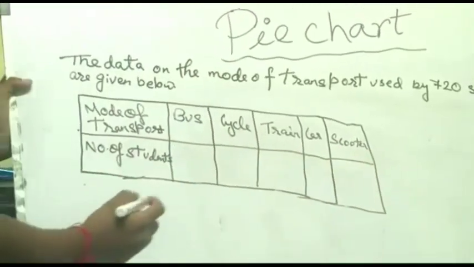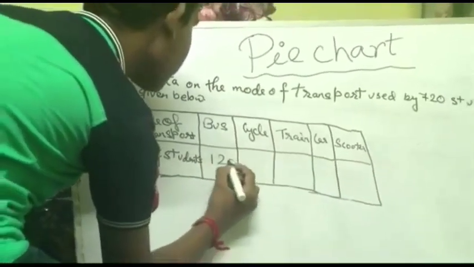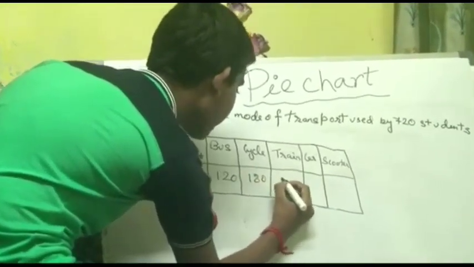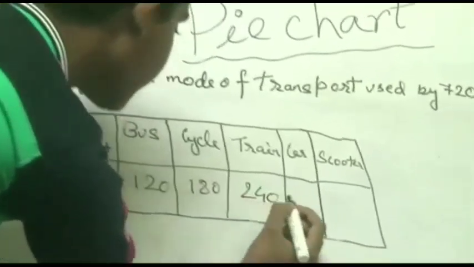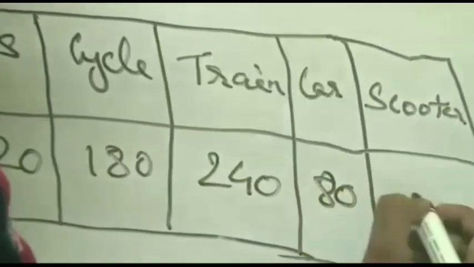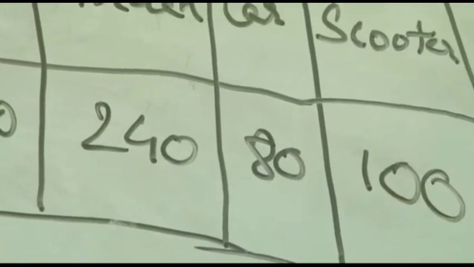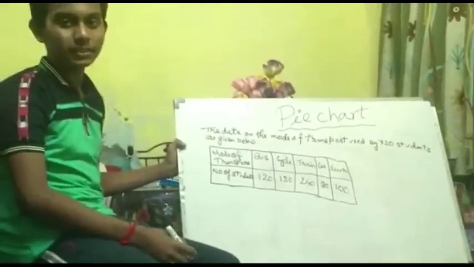Number of students who have used bus: 120. Cycle: 180. Train: 240. Car: 80. And scooter: 100. If this is a question, then how can you create that pie chart?